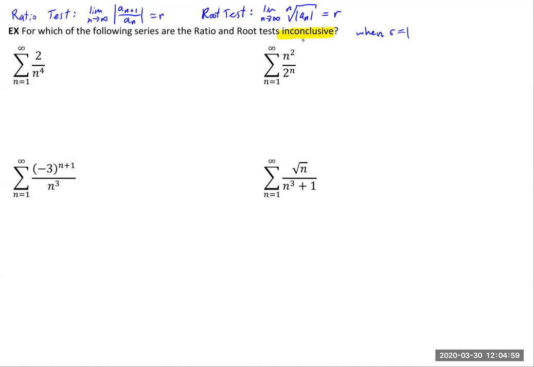Okay, so we have to remember some basic rules about which types of functions are going to give you an r value of 1. Basically, it hinges on the fact that if you take a limit of a rational function, then it's really just the leading coefficients that determine your result. So notice the first example right here, this is a rational function.